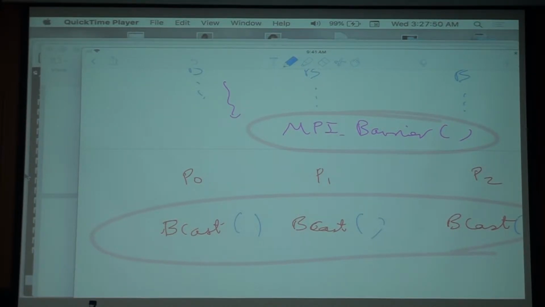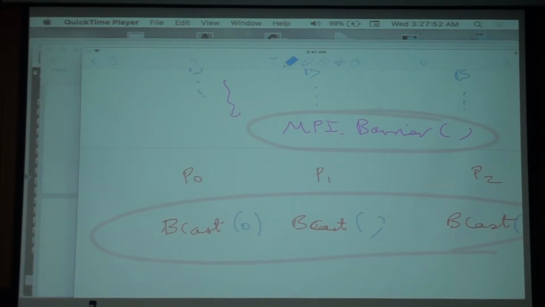So if process 0 is broadcasting, if the ID of the process matches this argument, then that is the process broadcasting. But if these IDs are different, they are the receivers. So the call will look the same. But since you know where this broadcast is occurring, you can then decide who is the originator, who is the consumer. So that's another example of a collective operation.